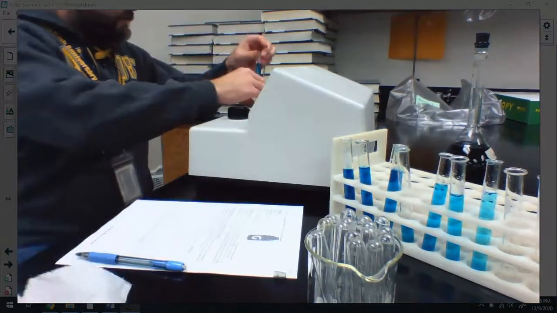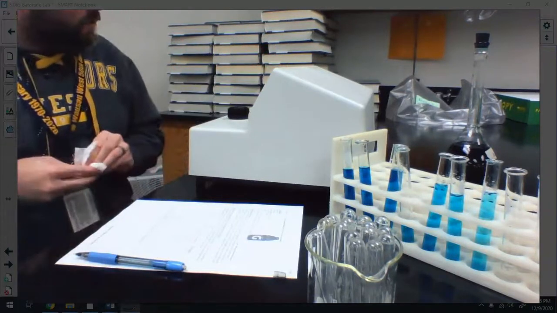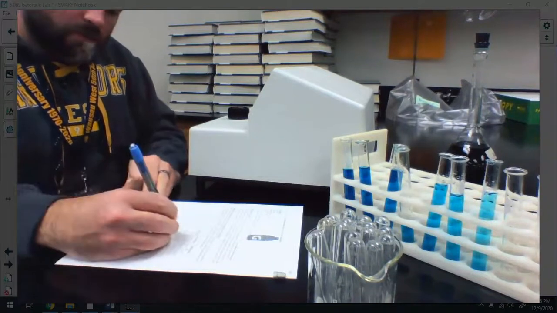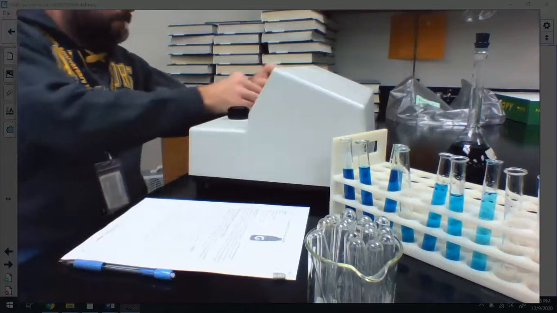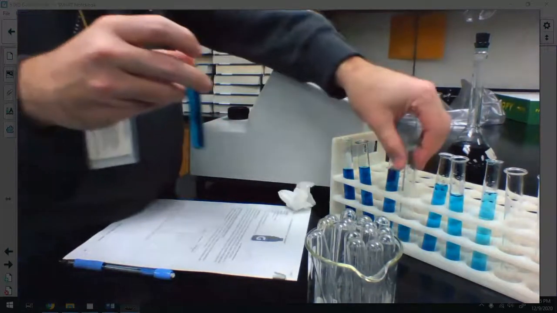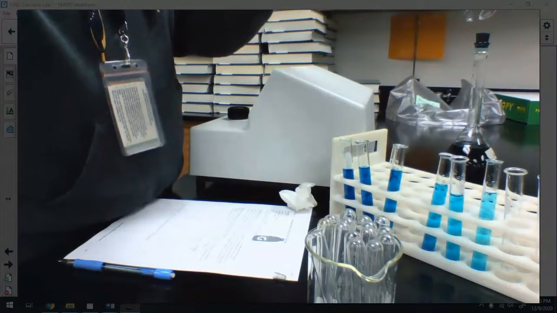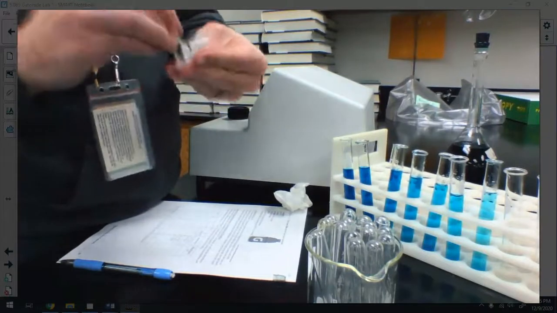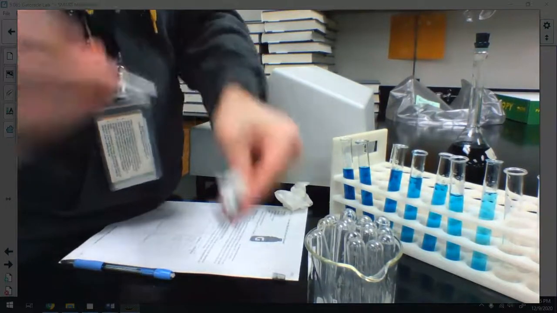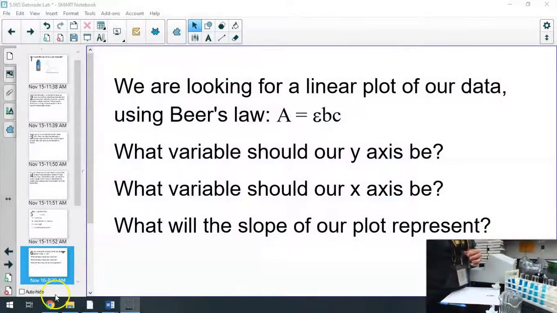Let's get a reading. 0.462. And here's what I'll do. I have 3 more to go. Let me pause it, spare you the excitement of this, and we'll get you your data in just a second.